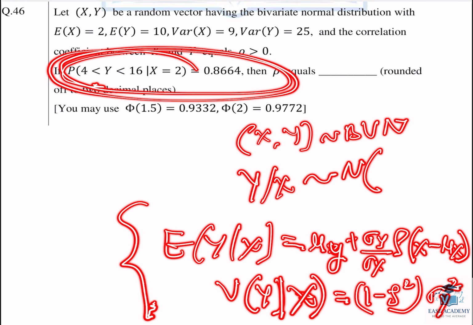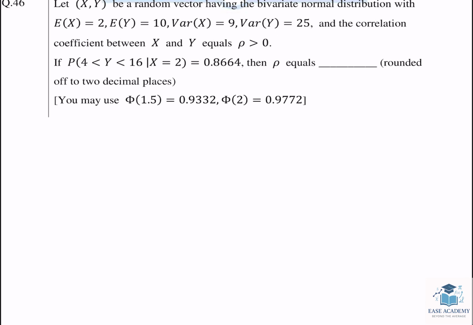So (X, Y) follows a bivariate normal distribution with mean (2, 10), variance of X as 9, variance of Y as 25, and correlation coefficient rho.